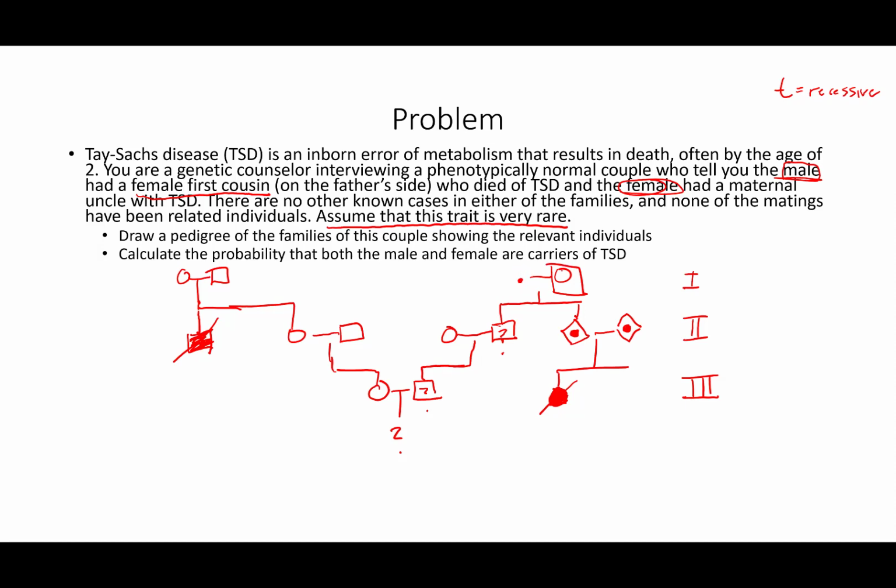Let's assume that they're a carrier, so we have somebody that is this crossing with an individual that's that. If we do that Punnett square, you'll see that you have a 1/2 probability of being a carrier. So, what's the probability of this person being a carrier? 1/2.